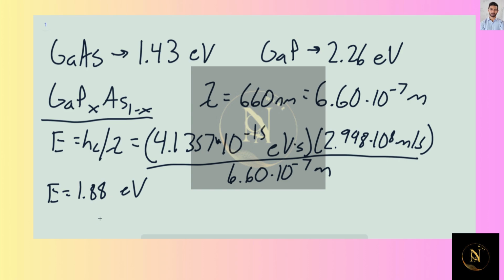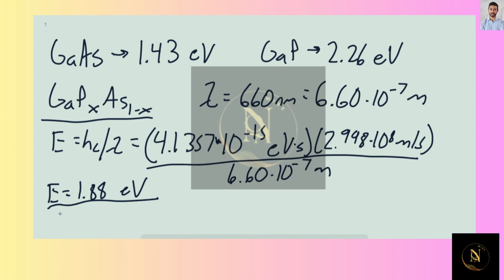And so now that we have that, we can determine the percent variation of this from each of the band gaps. And to do that, we just take the total difference between the GaP and the GaAs band gaps, and then the difference of each of them from this E to determine the percent difference between those.